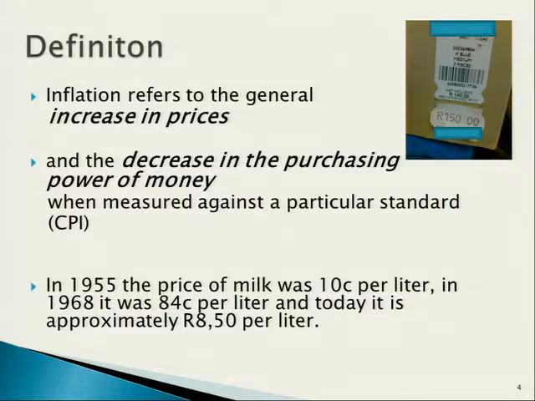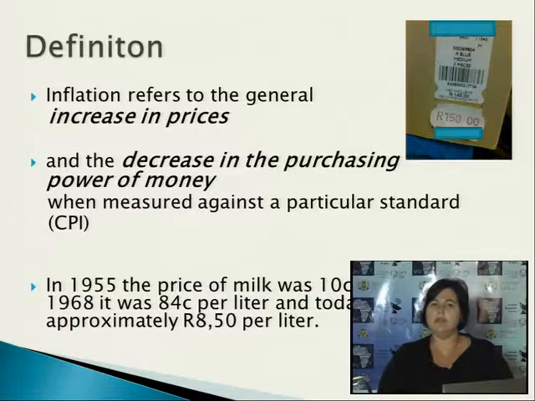You could have taken 20 rand and gone to a store and bought 2 liters of milk and a bread. But this year, if I want to do the same, I realize that my 20 rand can only buy 2 liters of milk. These days it cannot buy 2 liters of milk and a bread. So that shows you that your money has decreased its power of purchasing.